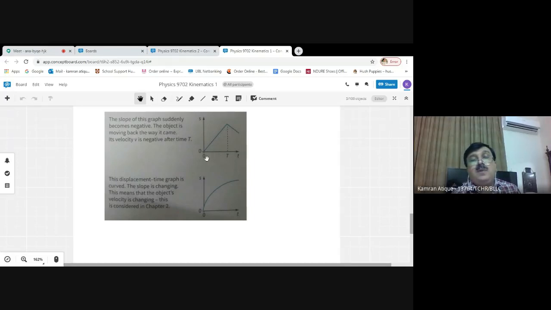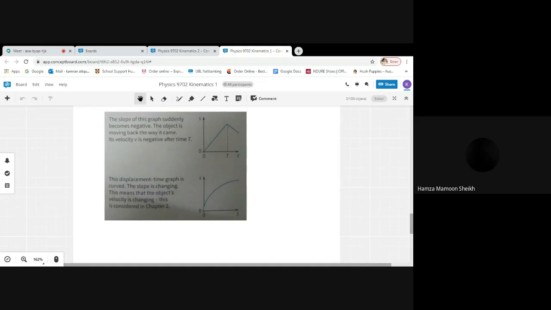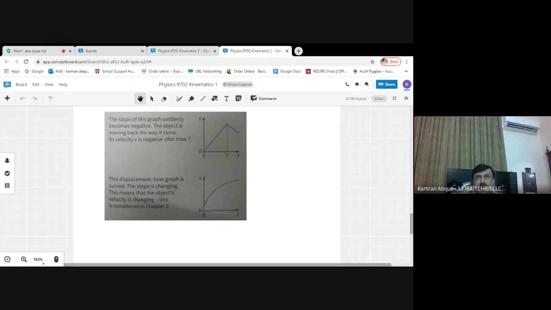Now, the graph which is being plotted for an object which was first initially traveling from 0 to capital T seconds and then from capital T onwards. So, what can you say about the movement from 0 to capital T seconds? It was moving away from the origin, the reference point.